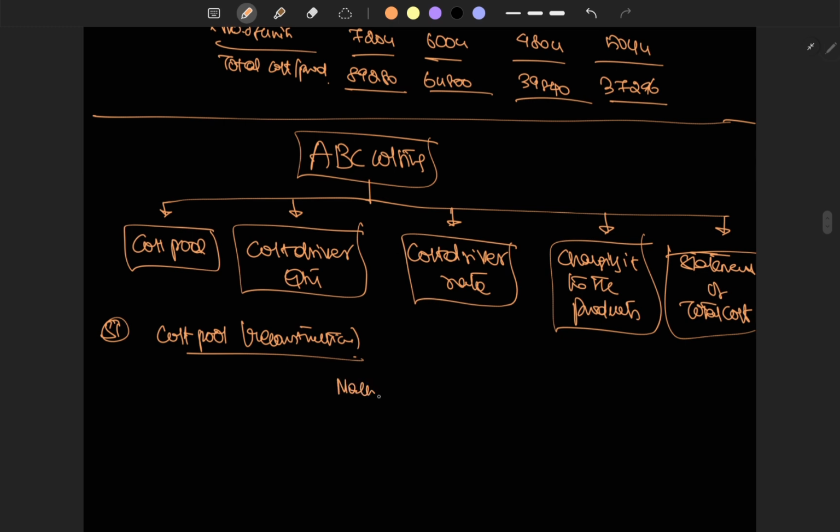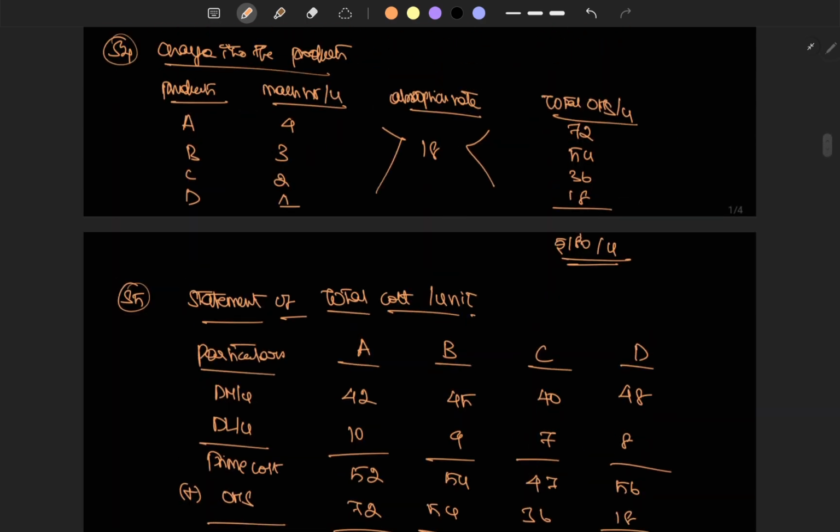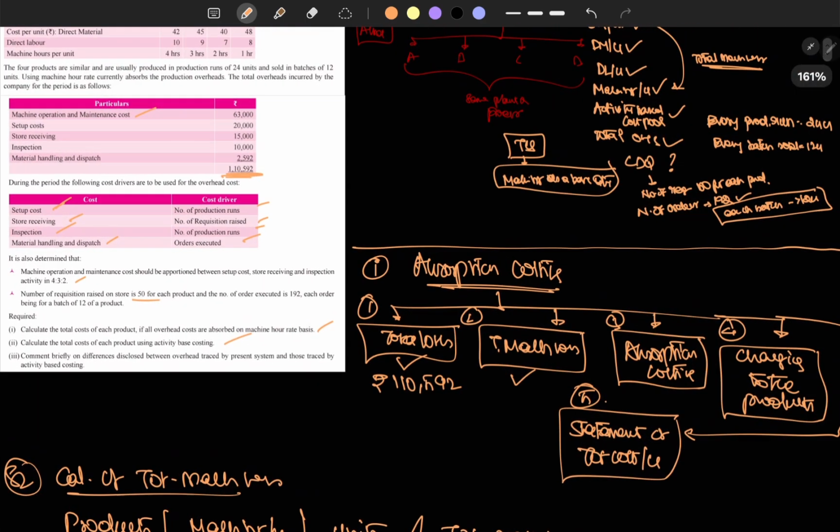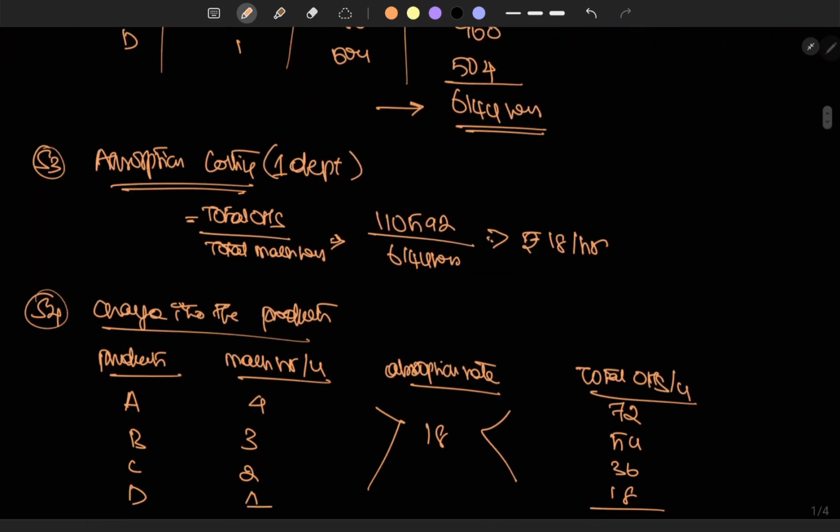Machine operation and maintenance cost is rupees 63,000 and it is apportioned to setup cost, stores receiving and inspection activities by 4:3:2.